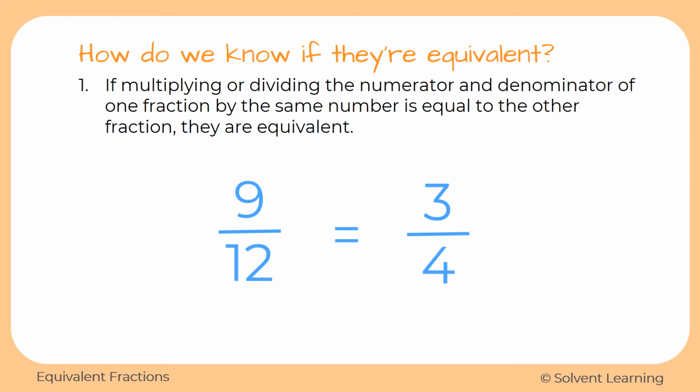Well, if we divide by 3, 9 divided by 3 will give us the 3 in the other fraction. And if we divide the denominator by 3, 12 divided by 3 gives us 4 as well. So if we divide both parts, the numerator and denominator of the first fraction by 3, it does give us the second fraction. So that's how we know they are equivalent.